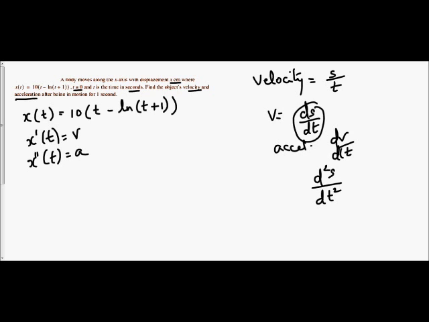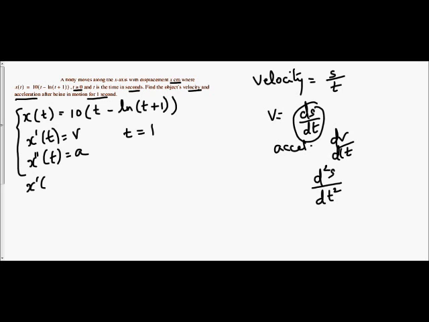These are the two main important things that you need to know regarding kinematics problems under application of derivatives. Now you need to find the object's velocity and acceleration after being in motion for 1 second, that is when t equals 1. So that's as simple as that. You just put them all into mathematical notation and it's easy to understand.